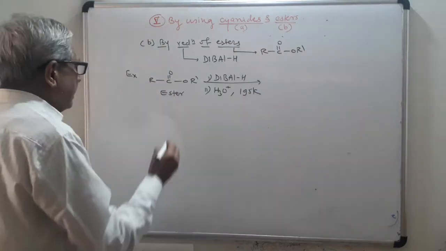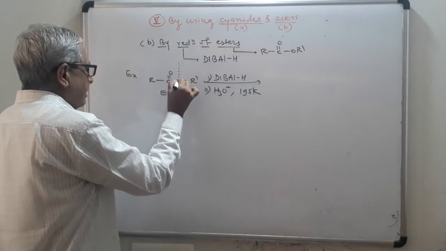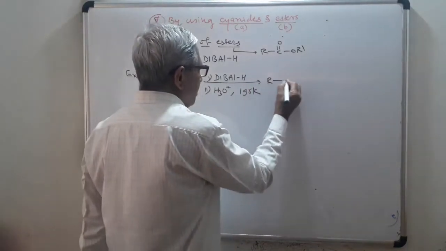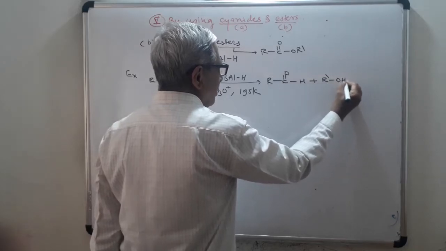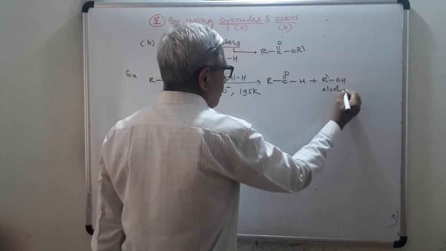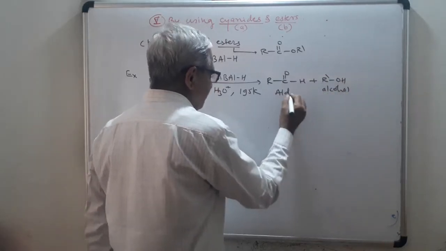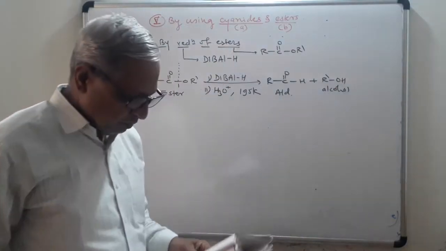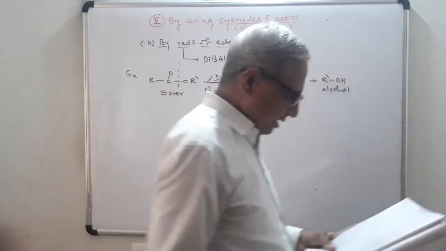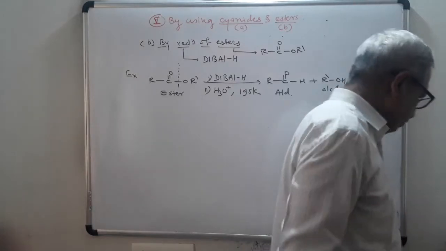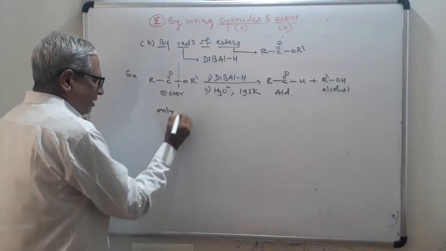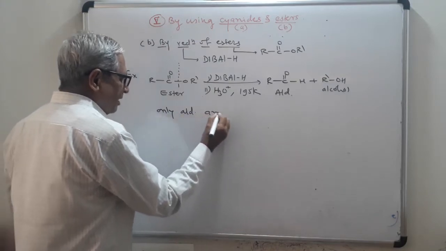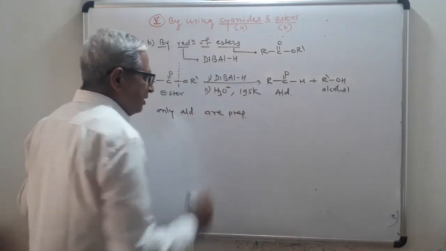So during this reaction, you will break this bond here. You will get one molecule of aldehyde and one molecule of alcohol. So in this way, we can prepare any aldehyde. Again, by this method, only aldehydes are prepared and not ketones.